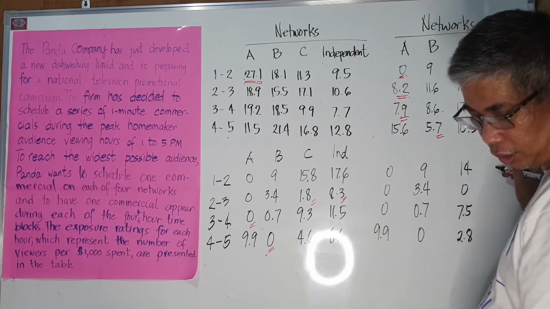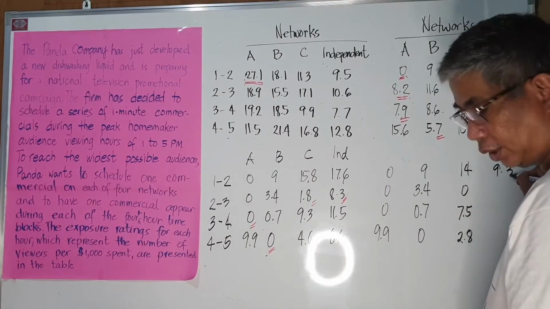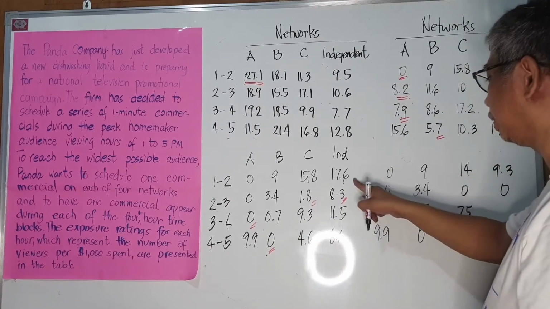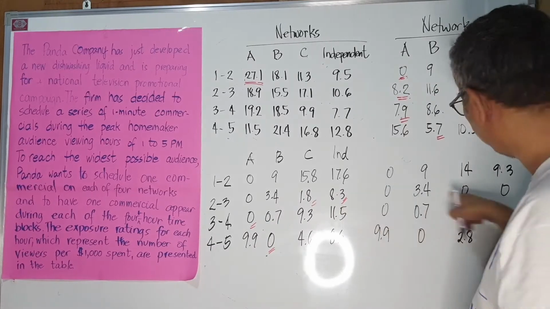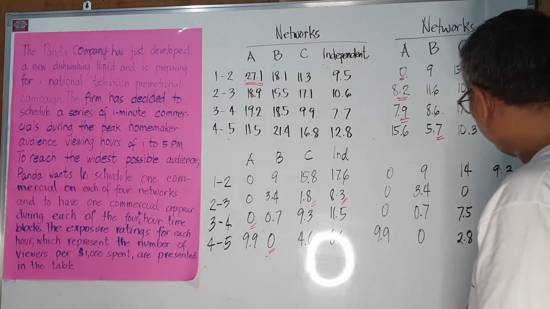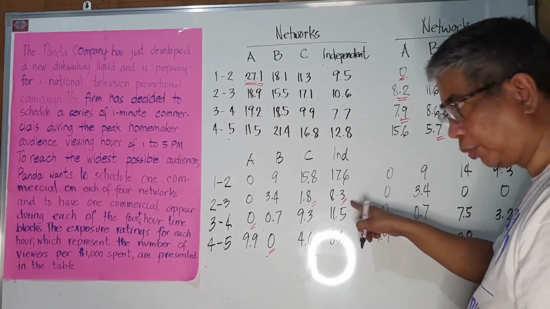Then, we have 9.3, 0. 17.6 minus 8.3 is 9.3. This is 8.3 minus 8.3, 0. 11.5 minus 8.3 is 3.2. And 8.6 minus 8.3 is 0.3.